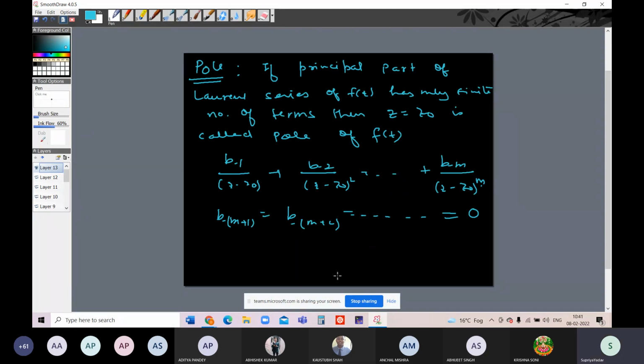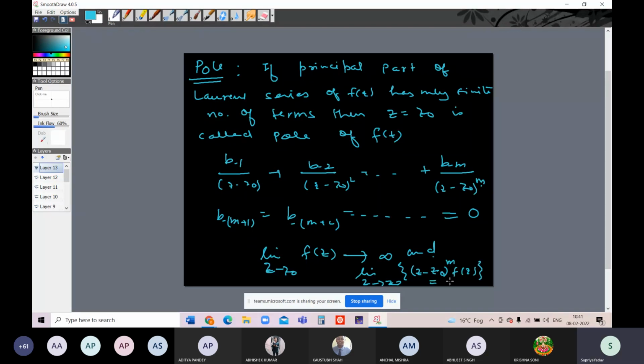Okay. And another definition, if we write the definition in limit form as we did earlier, then in that case if we are taking the limit z tends to z naught of this function f(z), it is always approaching infinity. And when we are taking the limit z tends to z naught of (z minus z naught) to power m times f(z), if z is equal to z naught is a pole of order m, then it is finite.